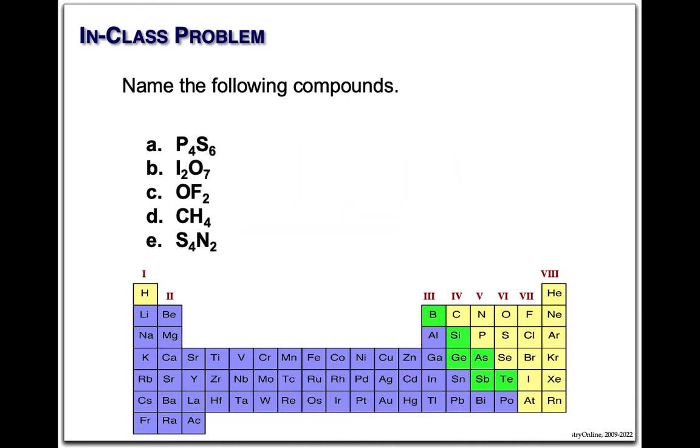4 is tetra. 6 is hex, or hexa. Tetraphosphorus hexasulfide. 2 iodines, that's a diiodine. 7 is hept.